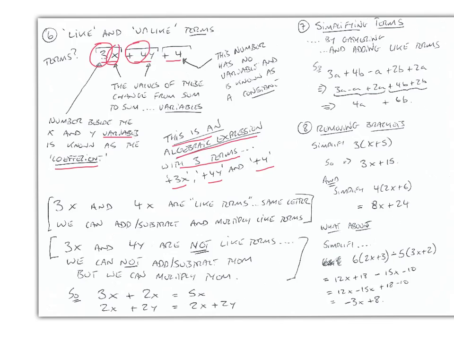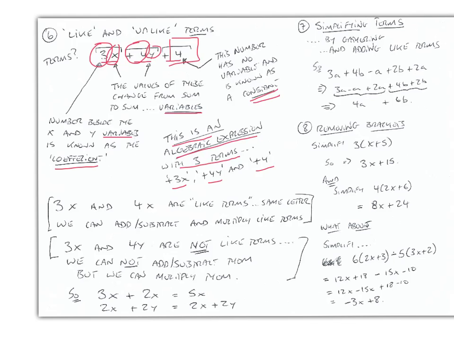The x and the y, the values of these can change from problem to problem as you work through algebra, so these are just known as variables. And the number at the end of the algebraic expression, if there is one, this number is not a variable and is therefore known as a constant.